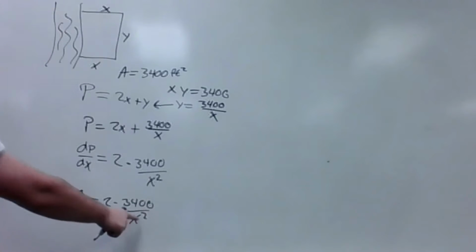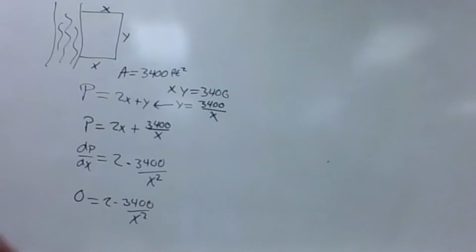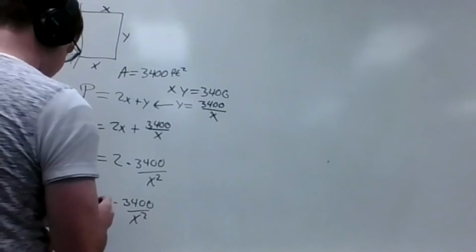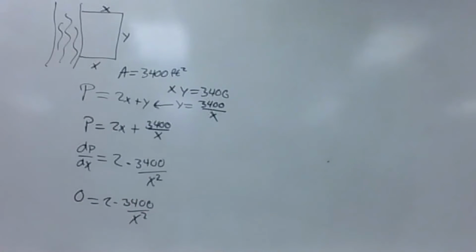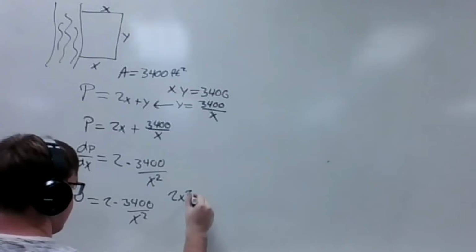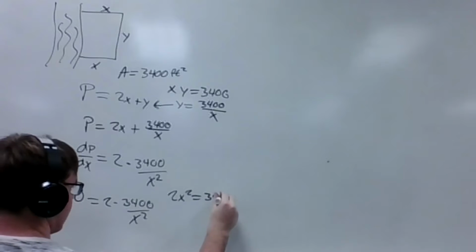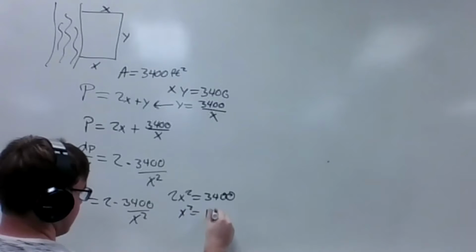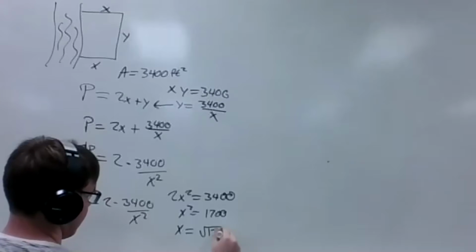And now we want to solve for x. So we'll just add this to the other side. So we get 2x squared equals 3,400. So x squared equals 1,700. x equals the square root of 1,700.